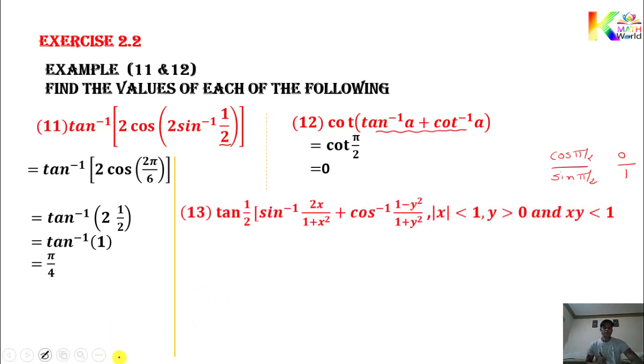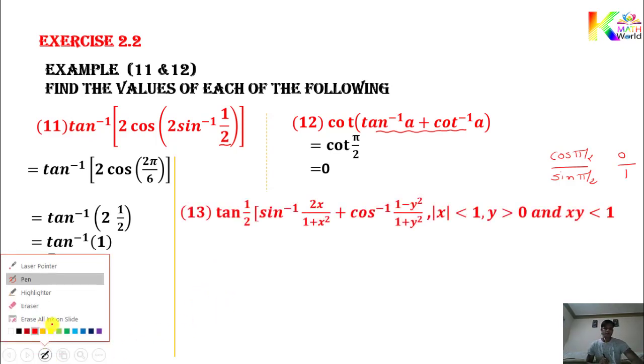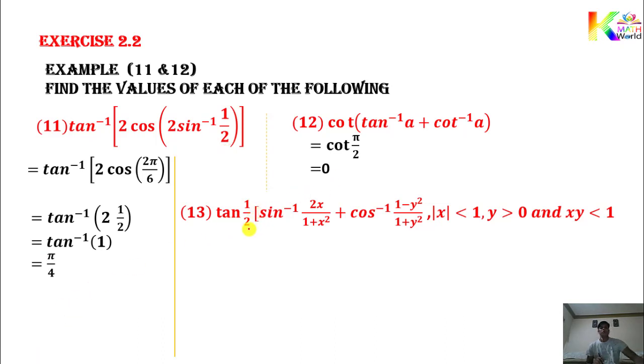Question number 30. For this question, if you remember the formula properly, then you have a direct formula for this. Here one bracket is missing. So sin inverse of twice x over 1 plus x square.